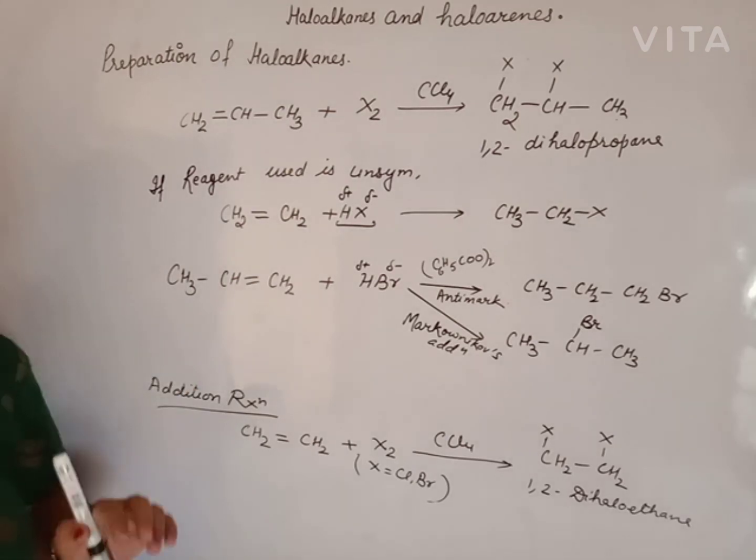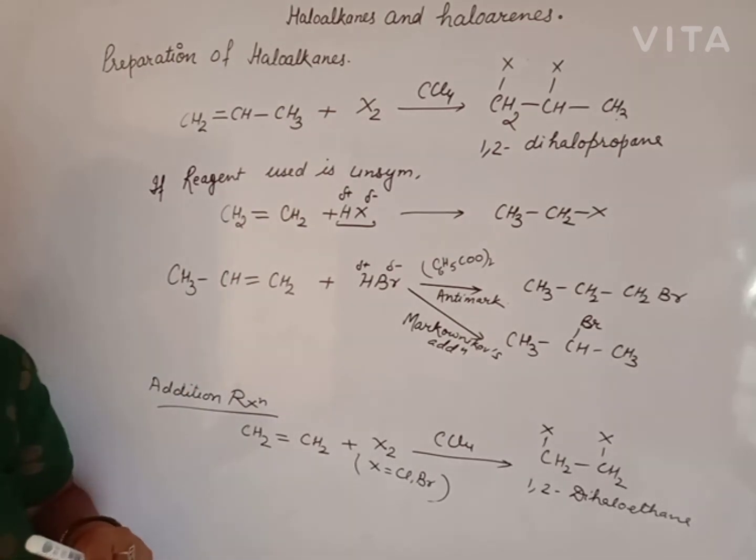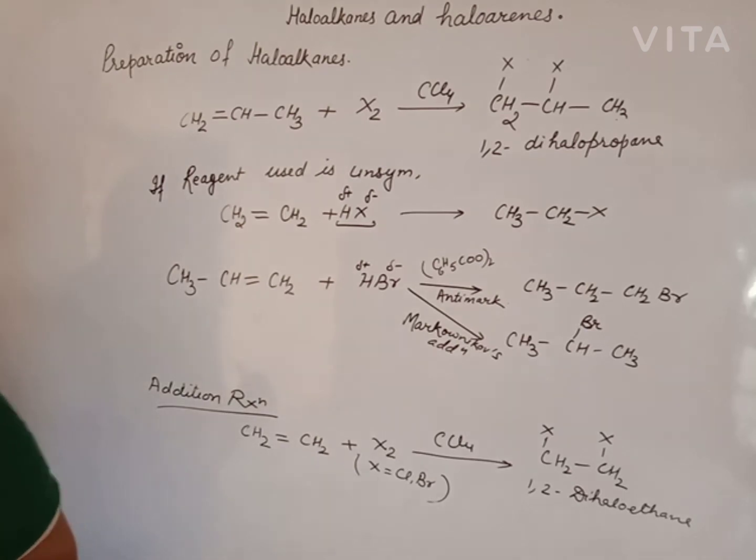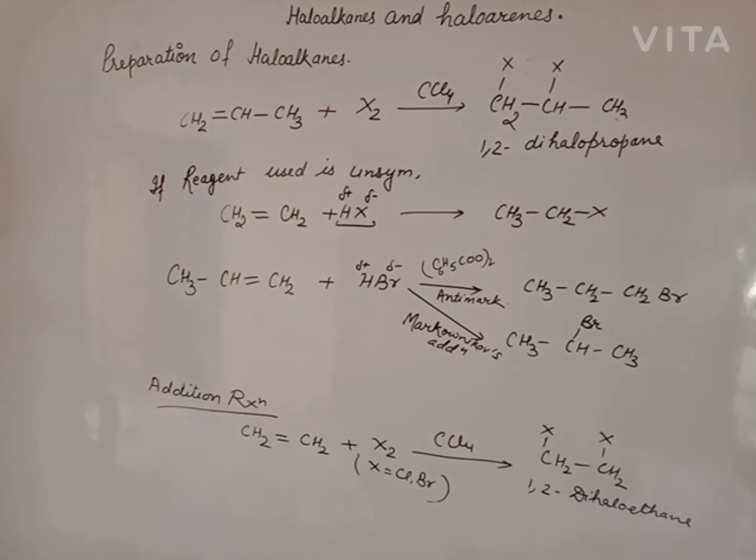This is all about the preparation of haloalkane. Haloalkane can be prepared from alcohol by the action of halogen acid, phosphorus halide or thionyl chloride. Beta, by halogen exchange, by the silver salt of fatty acid, that is the Hunsdiecker reaction, and from alkene.